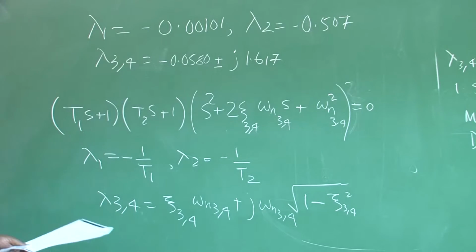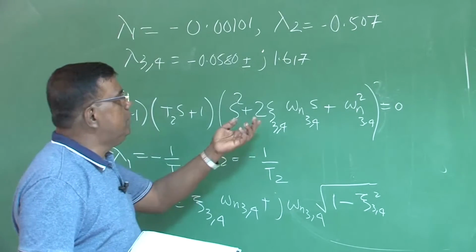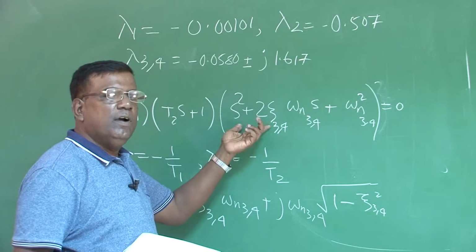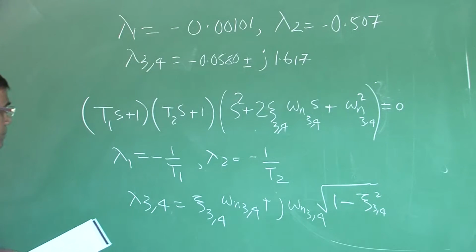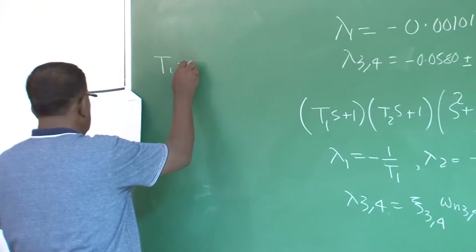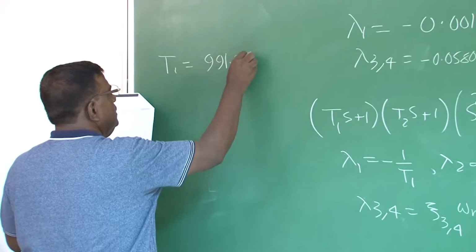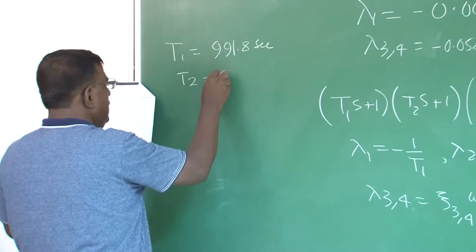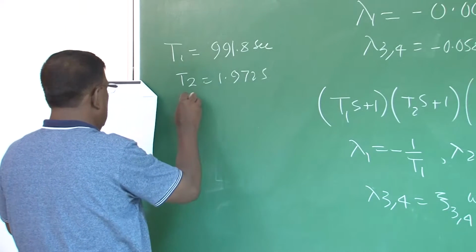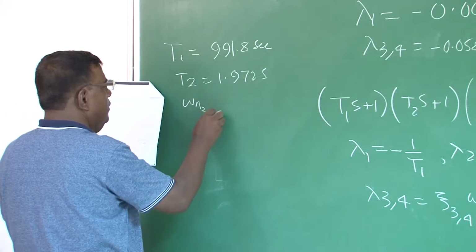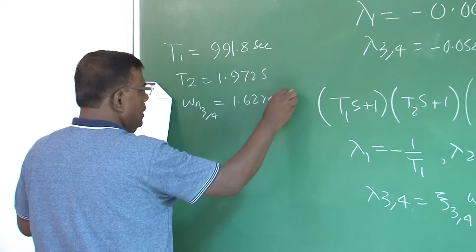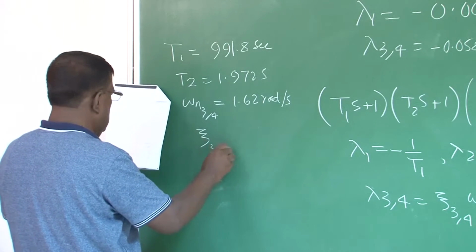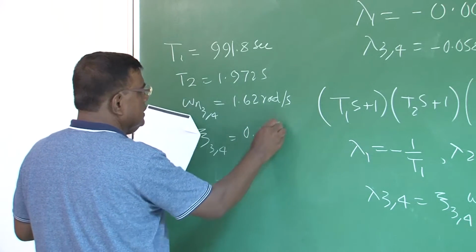Either you do it like this, or for the second case you find the two roots and form the equation x squared minus sum of the roots into x plus product of roots equal to 0. Choice is yours. If I do that, I get T1 equal to 991.8 seconds, T2 as 1.972 seconds, omega n 3 4 as 1.62 radian per second, and zeta 3 4 as 0.036.